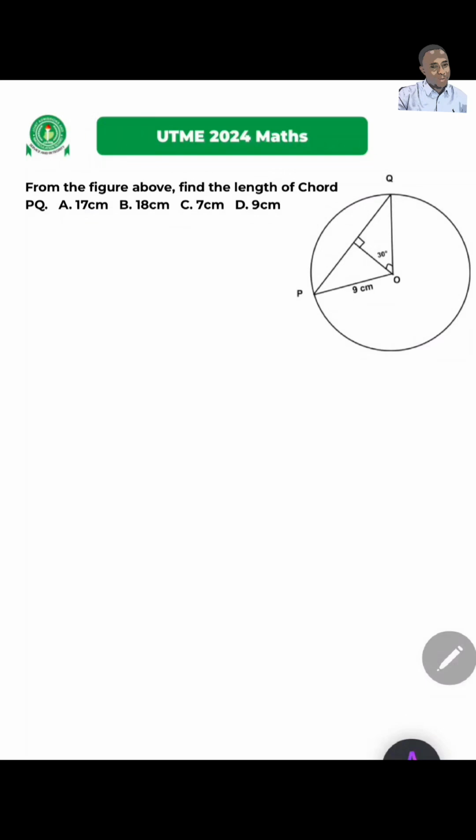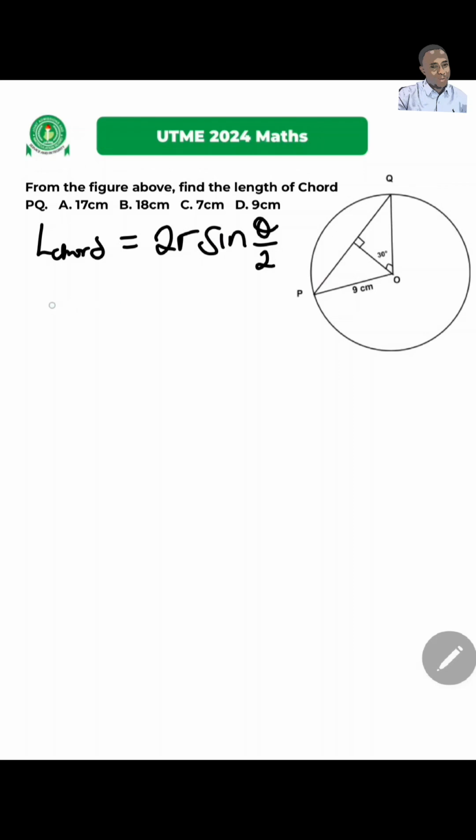Question 9. From the figure above, find the length of the chord. To solve this question, you just need to know the formula for the length of a chord. Length of a chord is equal to 2 times the radius multiplied by sine of half of the angle that the chord makes with the center.